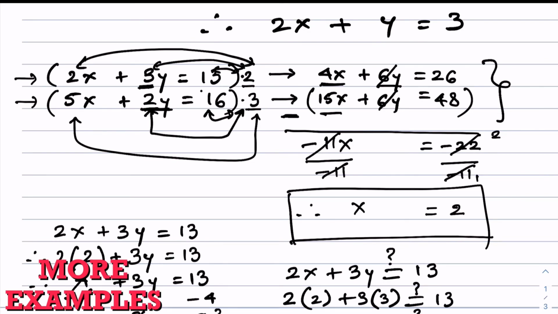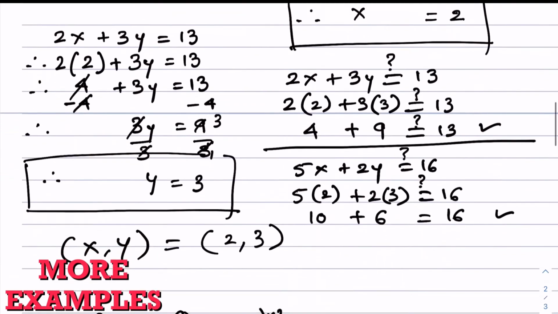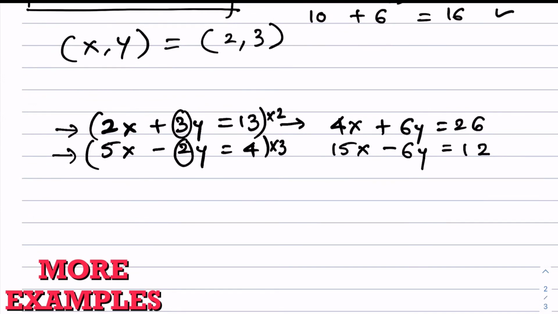But we don't have to restrict ourselves to minus only. In this particular example, we have plus 6y and minus 6y directly available, so if we add the first and the second equation, then plus 6y and minus 6y will naturally get eliminated.